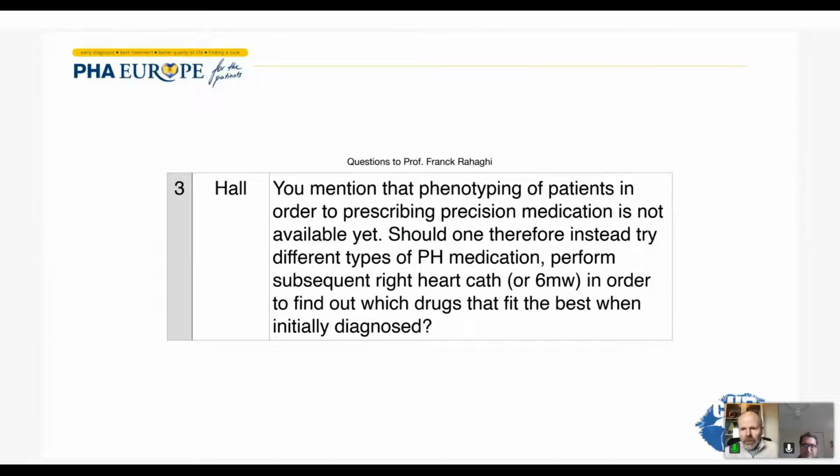You mentioned that phenotyping of patients in order to prescribe precision medication is not available yet. Should one therefore instead try different types of PH medication, perform subsequent right heart cath or 6-minute walks in order to find out which drug fits best when initially diagnosed? Yeah, that's a very smart question. Indeed, that's one way to find out what drugs work best. The problem with that is historically it has been so hard to obtain a drug.